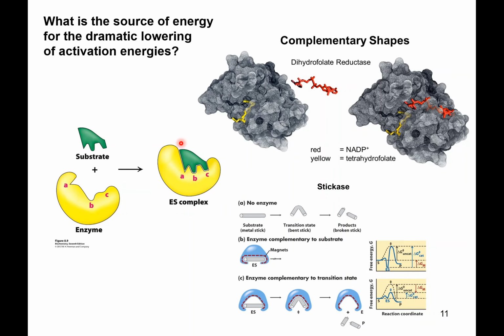And we mentioned this last time, this idea of induced fit, and we talked about that idealized case of the stickase with the enzyme. The shape of that binding site is actually complementary to the transition state, and that's how they act to lower that transition state energy.